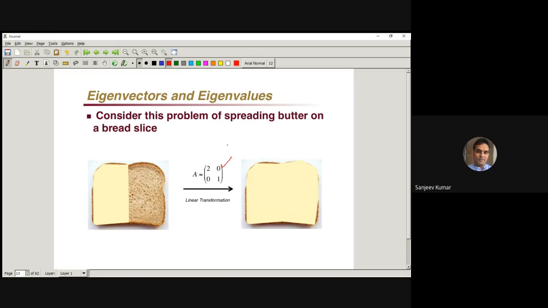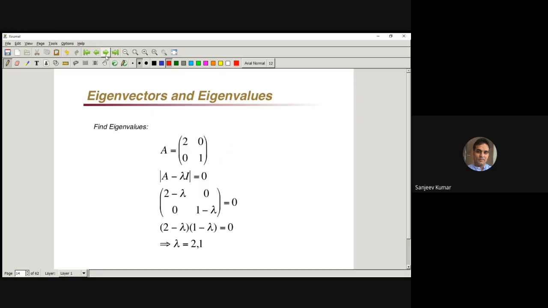Now see some mathematical property of this matrix. Every square matrix is having these two things, eigenvectors and eigenvalues. How to find out? If A is an n by n matrix, let us say in general I am talking, then I will be having an n by 1 non-zero vector x such that Ax equals a scalar, a constant, times x.